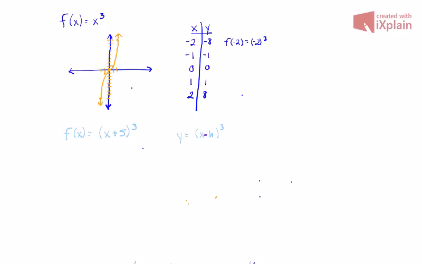Essentially what you want to think of is that this subtraction is causing the x value to reset before you actually cube it. And what you also want to note is that what's happening in here is kind of lying to you. If you were looking at that x minus h, you're thinking, okay, this is an example of a horizontal shift, as I had mentioned earlier in the video.